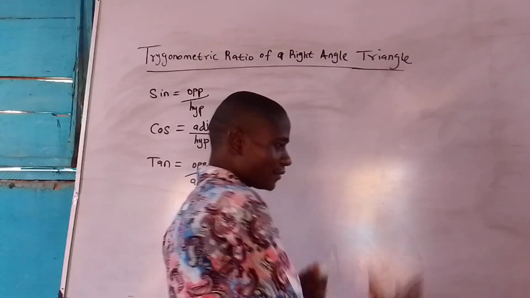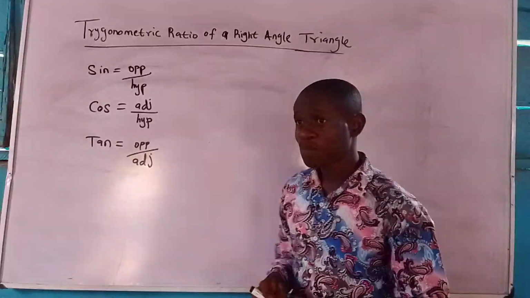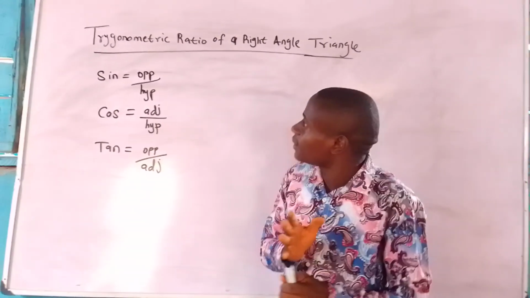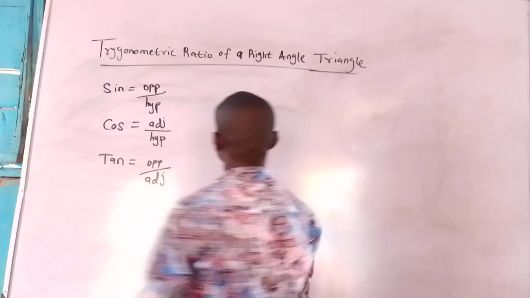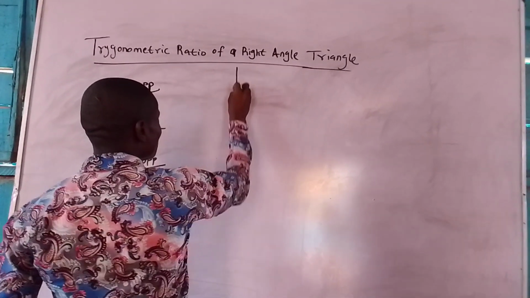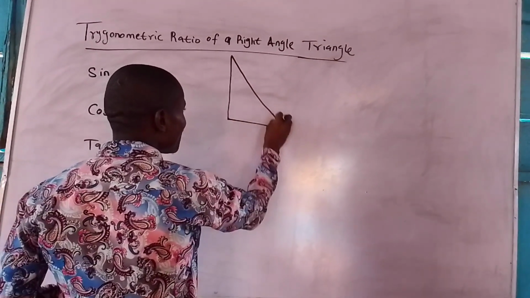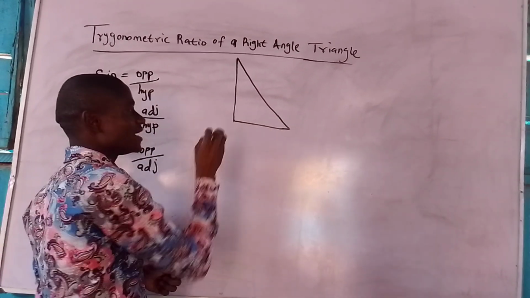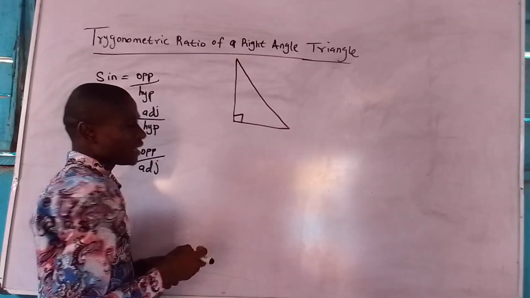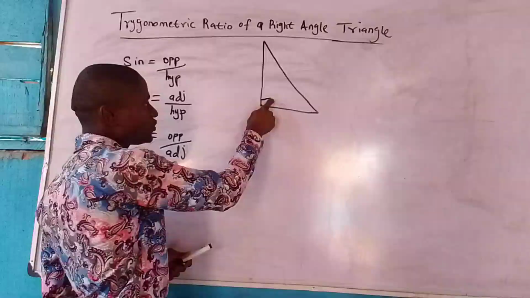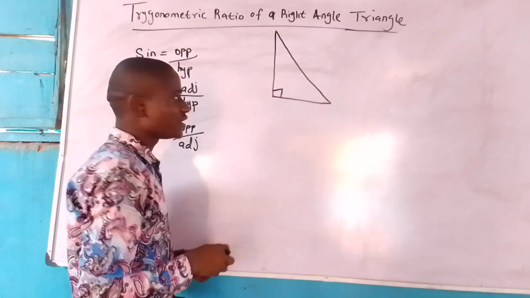Now, how did I come about this? When I'm talking about trigonometric ratio here, we are particular about right angle triangle. A right angle triangle is a triangle in which one of the interior angles is 90 degrees. This is a right angle triangle. Why? Because one of the interior angles, the angle that is inside the triangle, is 90 degrees.